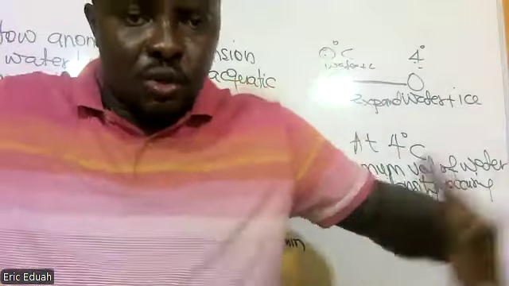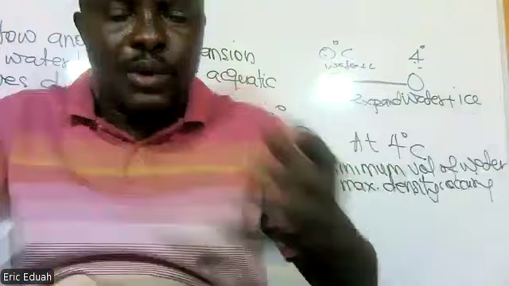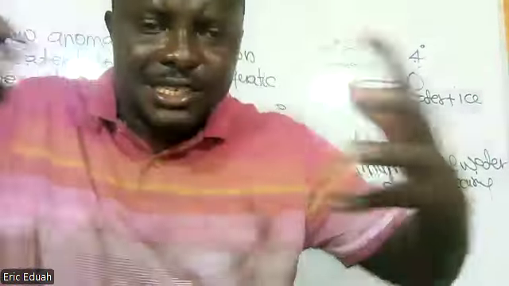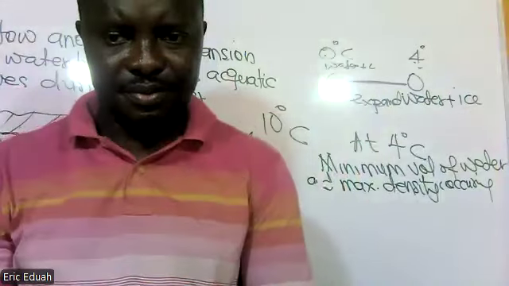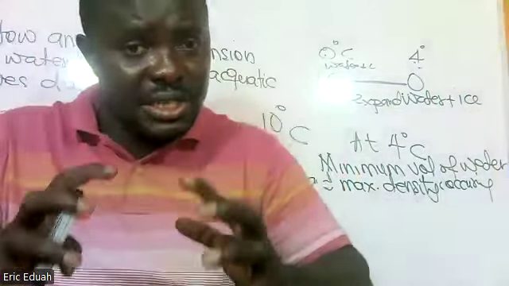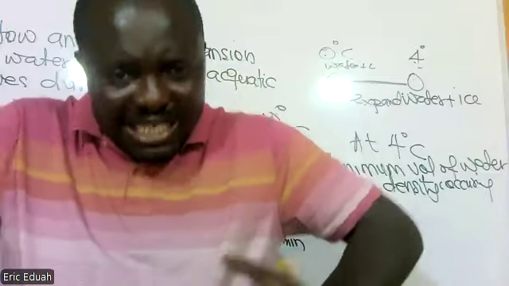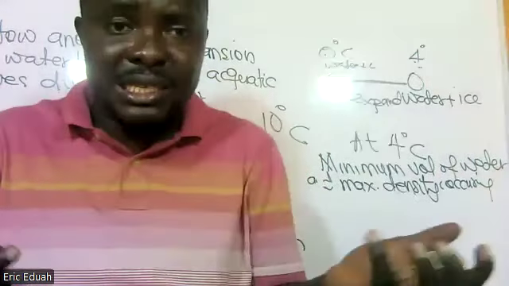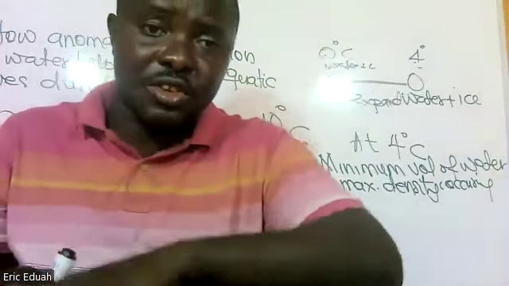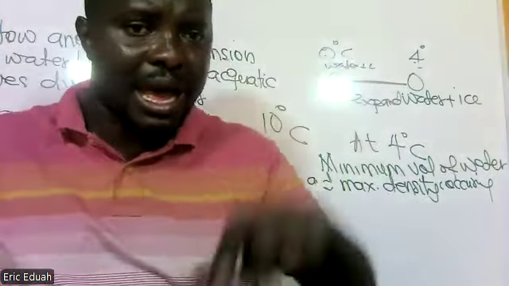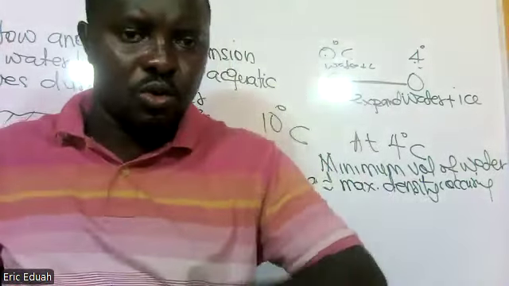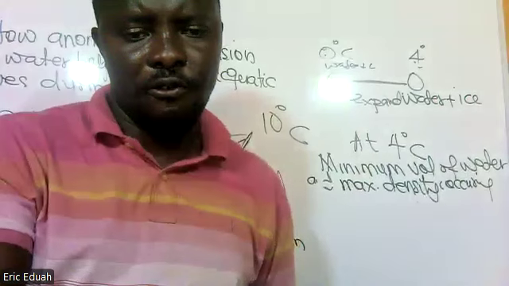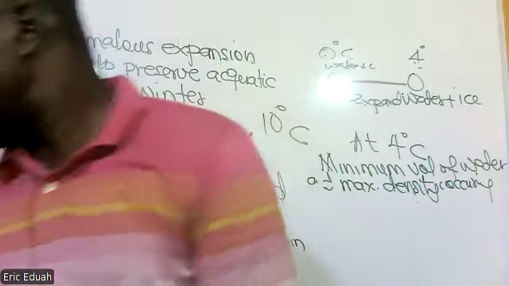And since its volume is increased, we expect the ice to have a density which is less than the density of pure water. Because at 0 degrees, the ice has completely expanded. And so if it has expanded, then its density must be less than the density of water. This is the reason why ice floats on water, due to the anomalous expansion of water. Please, is that okay?